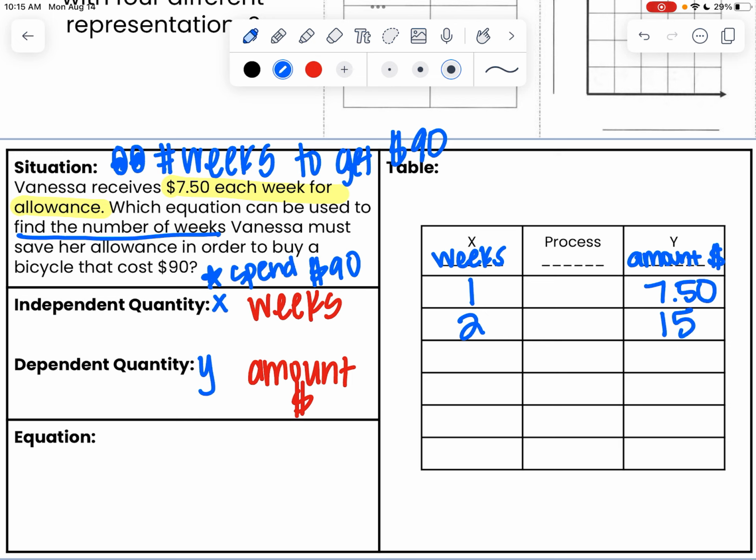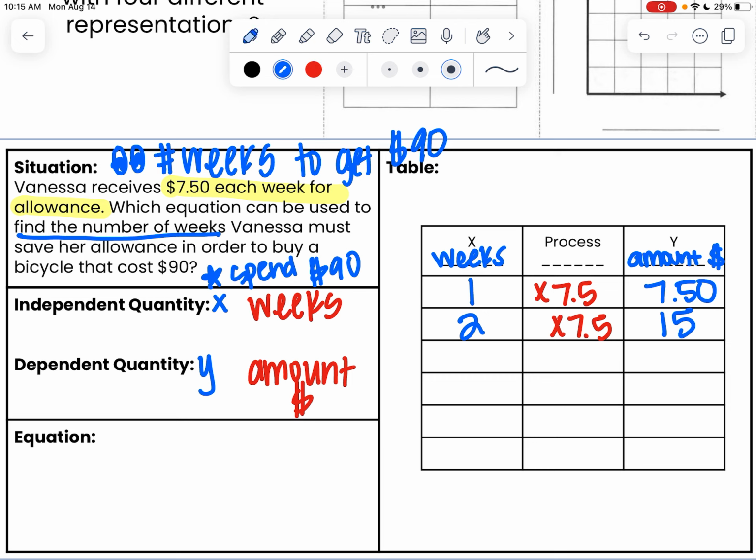And I'm noticing immediately that this is not additive, and in fact that this is multiplicative, right? Because I'm having to take each week and multiply it by how much money we're earning. So 1 times 7.5, 2 times 7.5, and we can continue that.